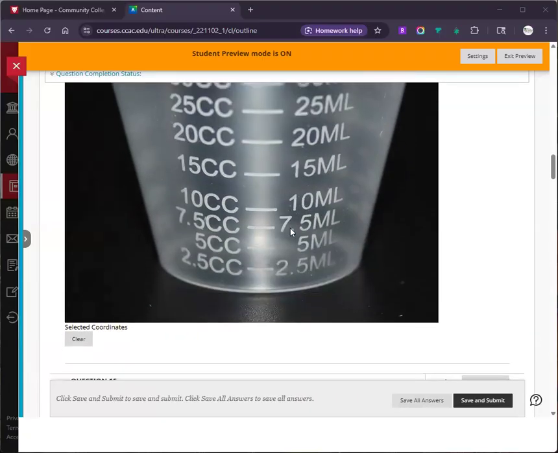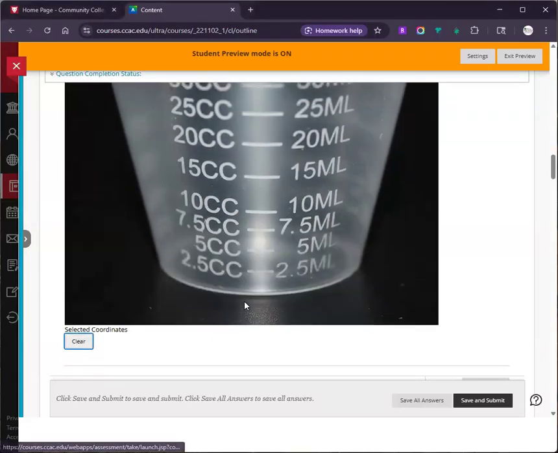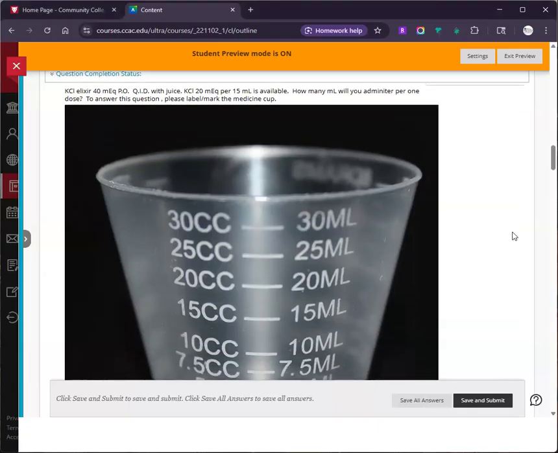So like this, I don't know if it's gonna, oh, okay, I can. I just wanted to see. I couldn't remember if I was in a position where I could mark it correctly. So looking at the order, it tells me I have KCl, which stands for potassium chloride. Then it gives me this weird order of 40 milliequivalents.